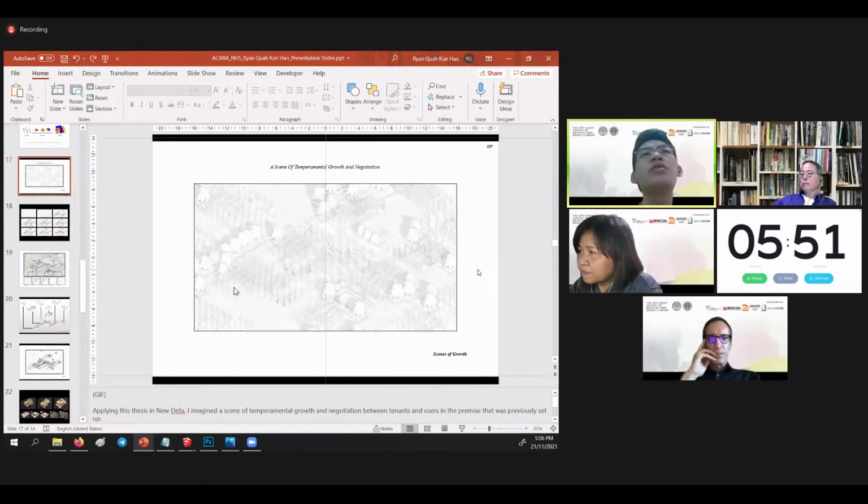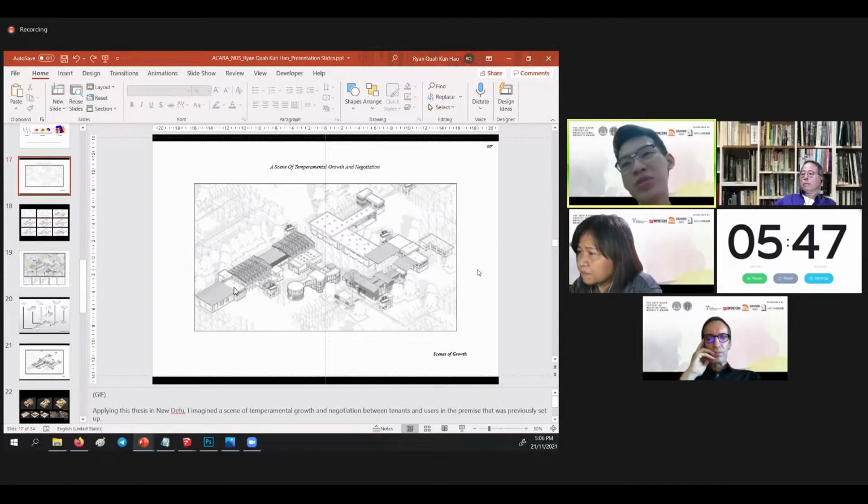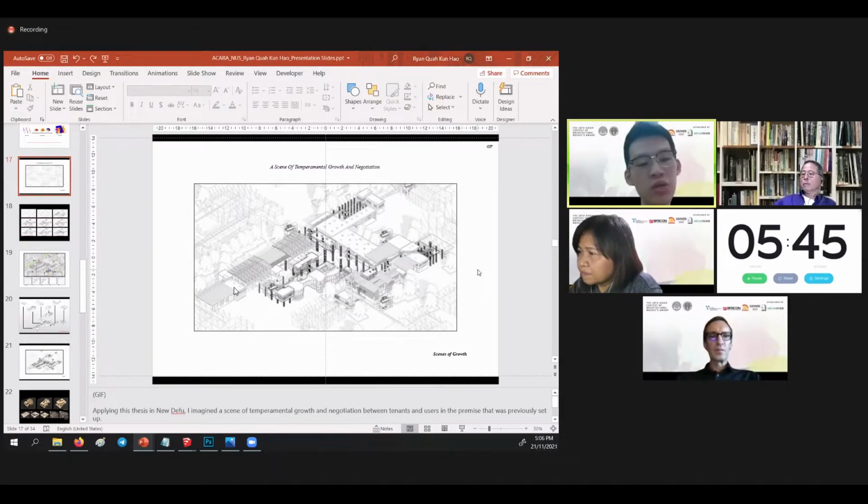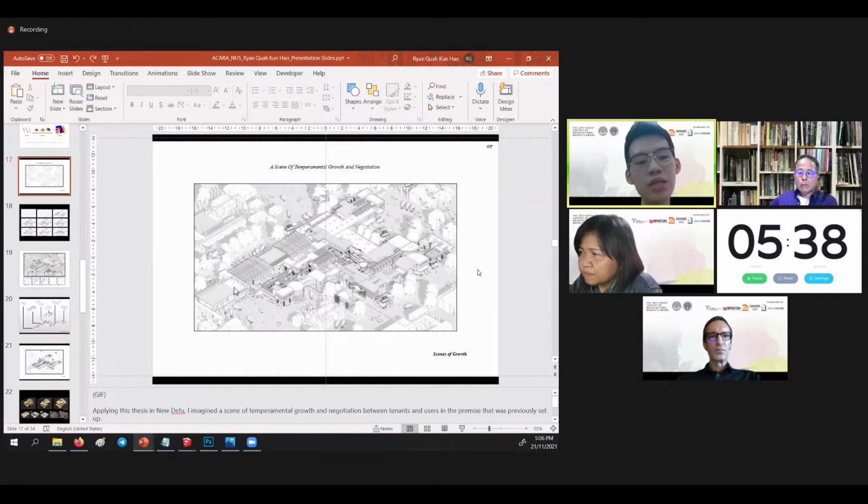That's a very interesting question, because I had this issue when I was designing this. That's why this project is called a scene of temperamental growth and negotiation, because a lot of the battles that happen between users are negotiated based on the conditions and the context that come before.